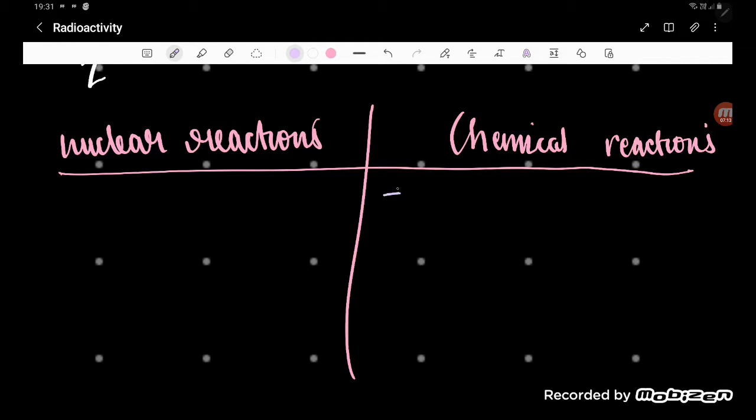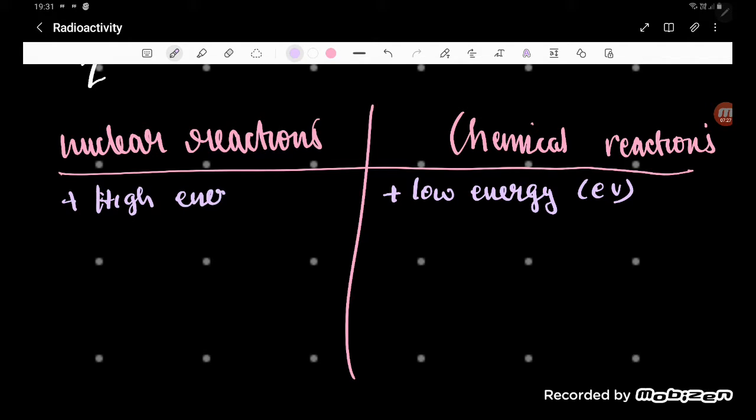In a chemical reaction, low energy is generated, in electron volts, whereas in nuclear reactions, high energy is liberated, which is in mega electron volts.